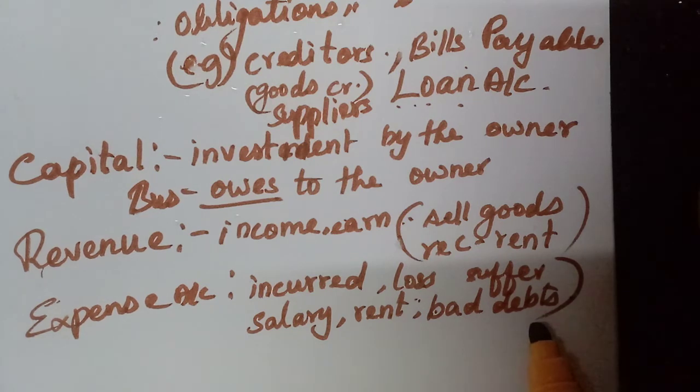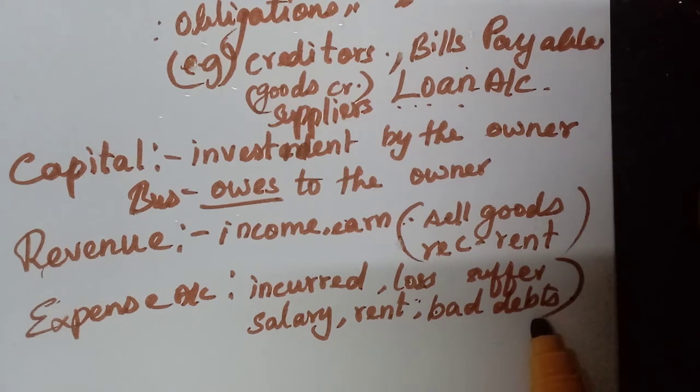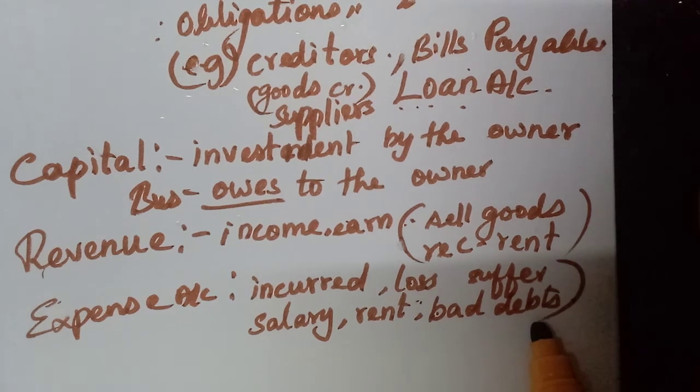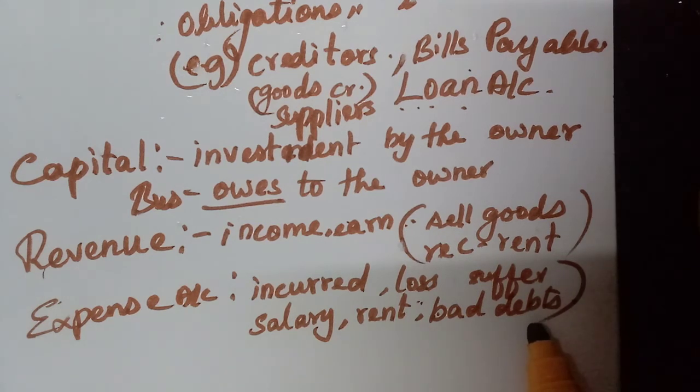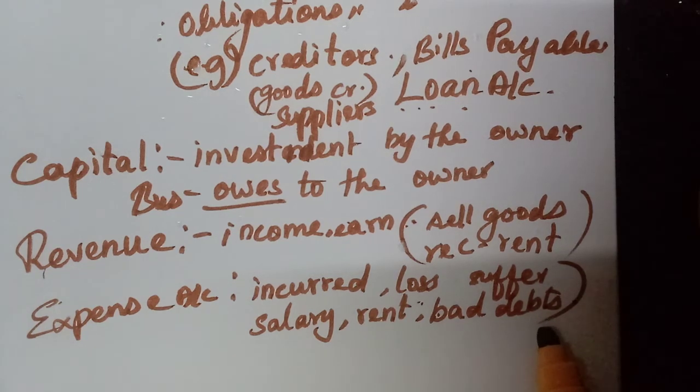Understood? Already I told you. Then accounting equation, the accounting equation approach is given, and under that heading you can mark the first paragraph. Then you can mark the line capital plus liability is equal to assets. I will show that one.